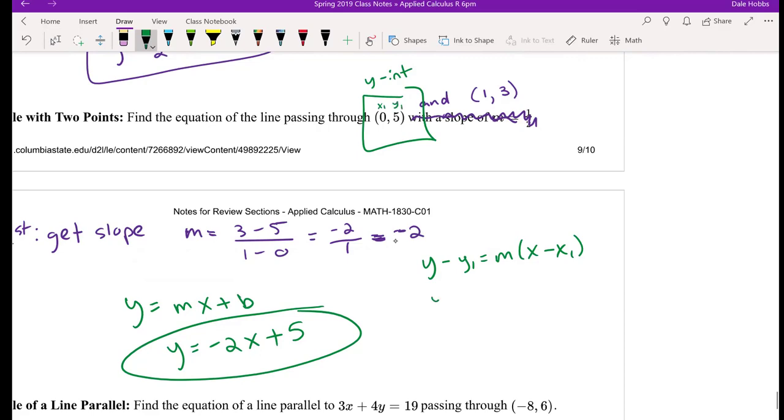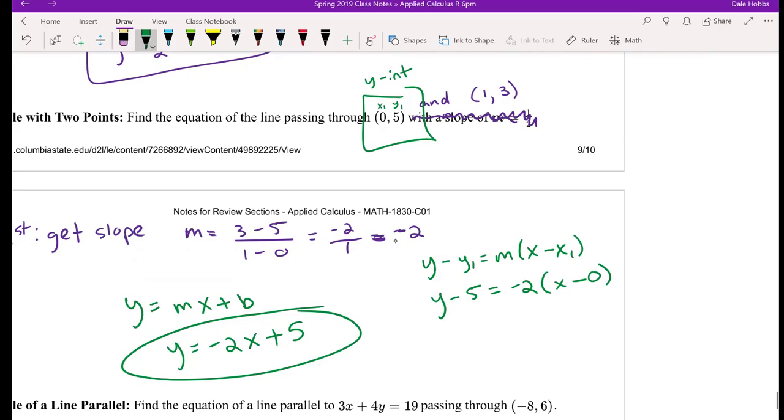You'll plug in where the y1 is, your 5, and then your negative 2 will go where the m is, and then it'll be x minus 0. You don't put anything for the regular y and x, by the way, because in a linear equation you always have your input and your output, your x and your y, so you have to have those variables that stay there.